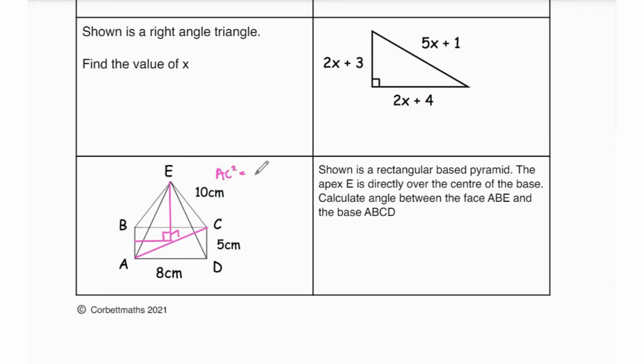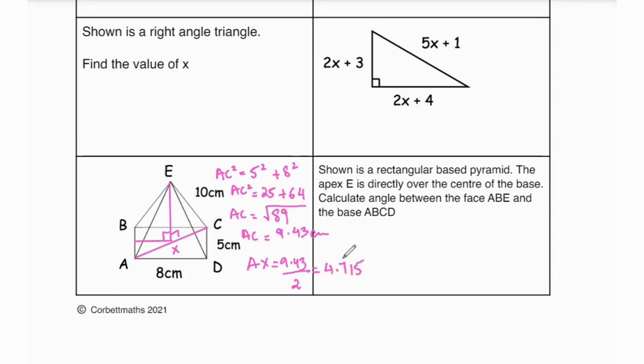AC squared equals 5 squared plus 8 squared, which is going to be 25 plus 64. And AC is going to be the square root of 25 plus 64, which is basically 89. So square root of 89 is 9.43 centimeters. So now if we call this X, AX is going to be 9.43 divided by 2, which is 4.715.